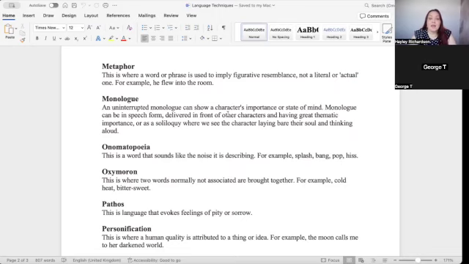So a monologue is usually just a big piece of text, to be honest, that's spoken by one person. And that can be performed when other people are on stage. It can be when they're on their own. But if a character is on their own on stage or in a scene, that is called a soliloquy. And the convention is that in a soliloquy, they tell the truth.